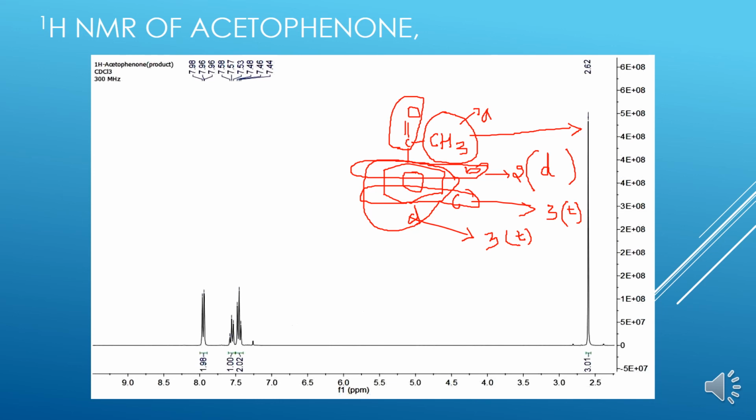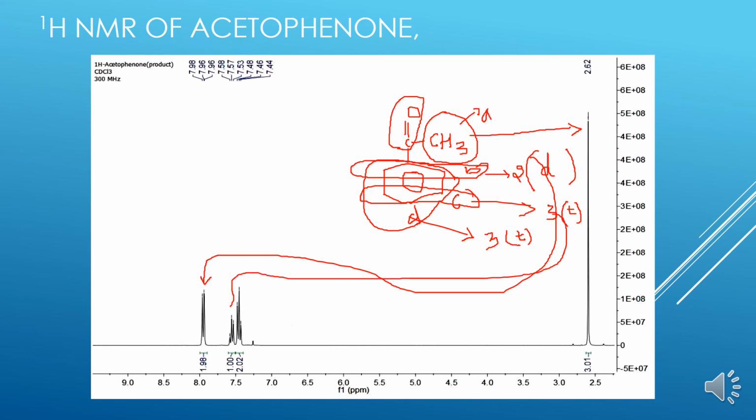This CH3 gives a singlet which is observed in the region of 2.62 ppm. The ortho protons are a doublet here, observed in the region of 7.9 ppm. The meta protons are observed in the region of 7.6 ppm.